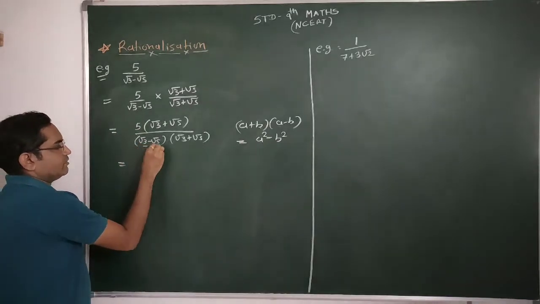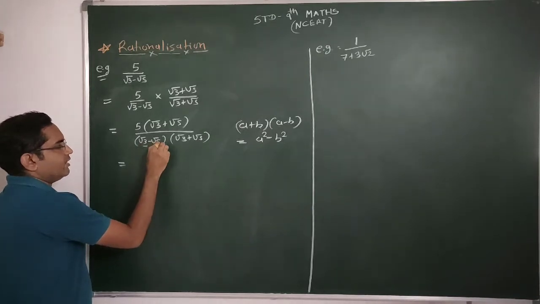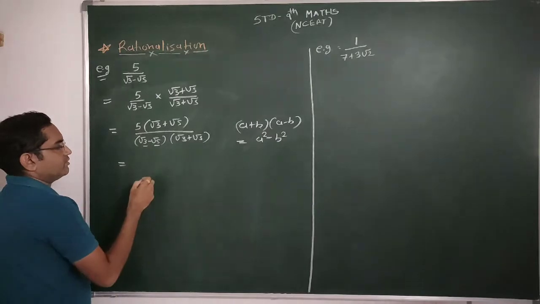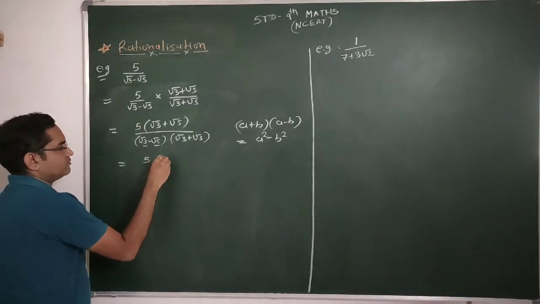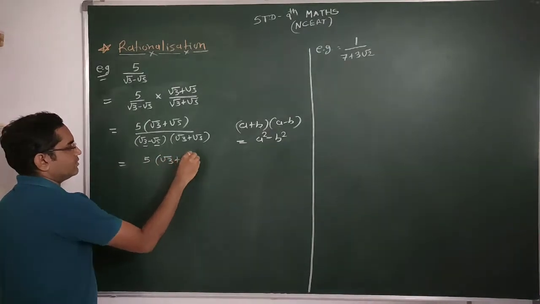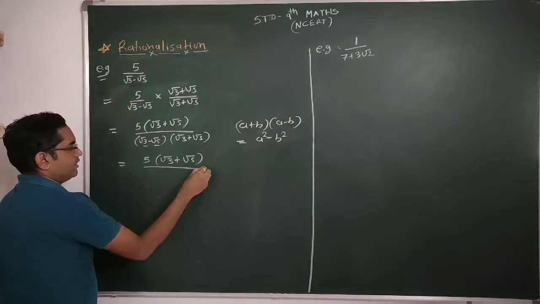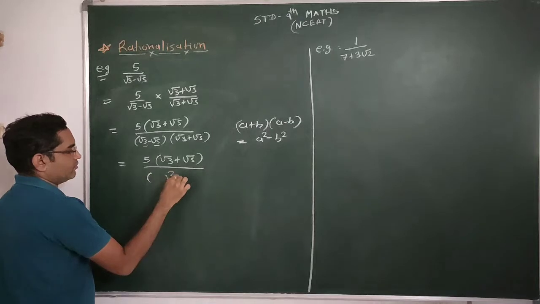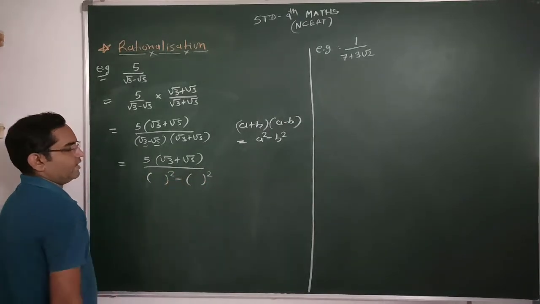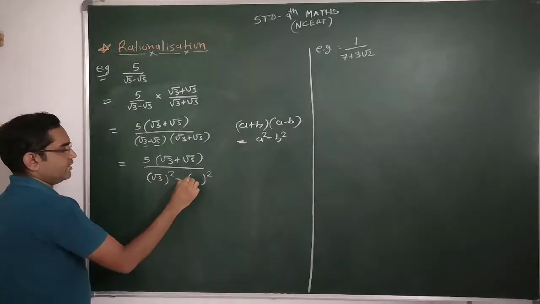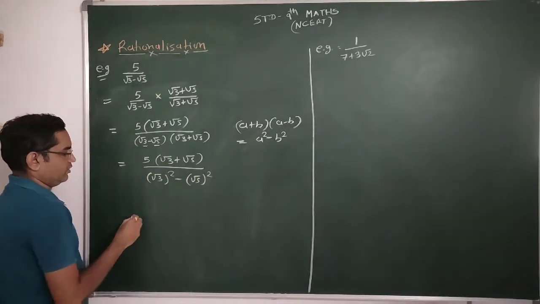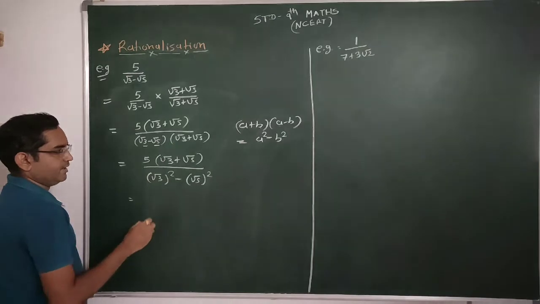Same way here, two terms are there, root 3 and root 5. One time the addition, one time the subtraction. So the same formula will be applied over here. So it's 5 into root 3 plus root 5 divided by first term square minus second term square. The first term square is root 3 square, the second term square is root 5 square. Clear?